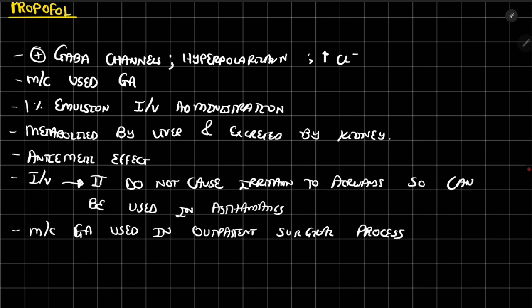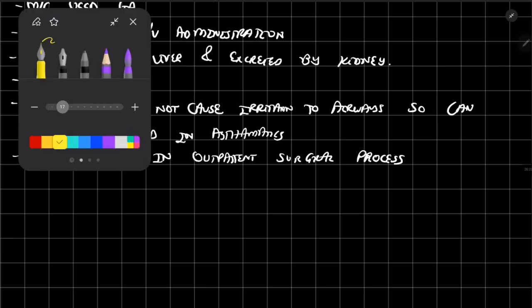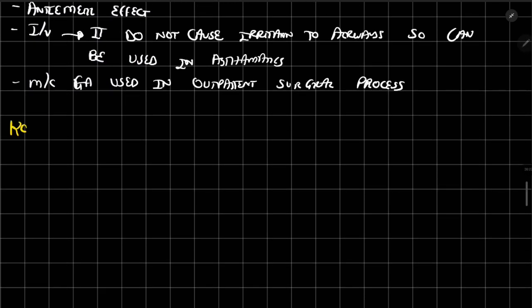Okay, so this was all about propofol. One other drug which I didn't mention earlier is ketamine. Ketamine comes under the class of inducing drugs. Ketamine comes under the class of slow acting drugs.